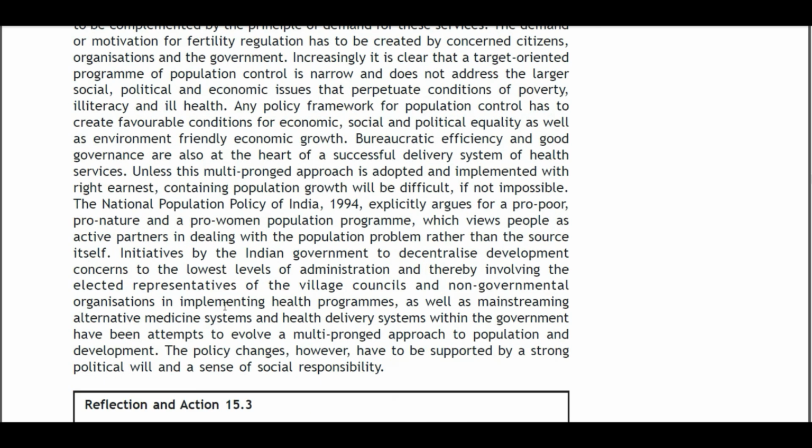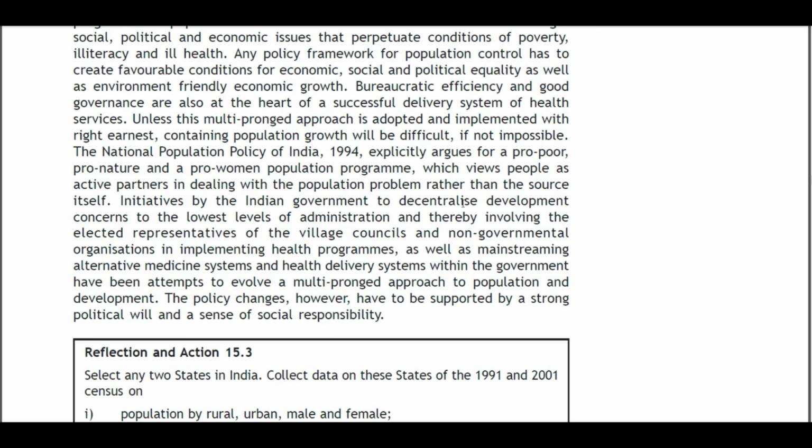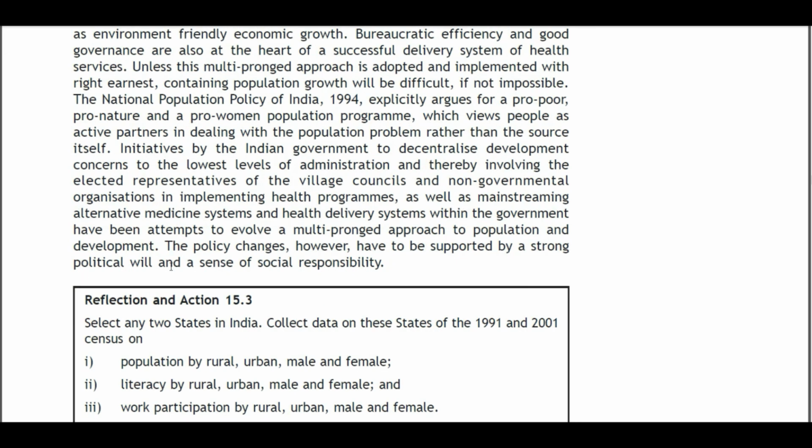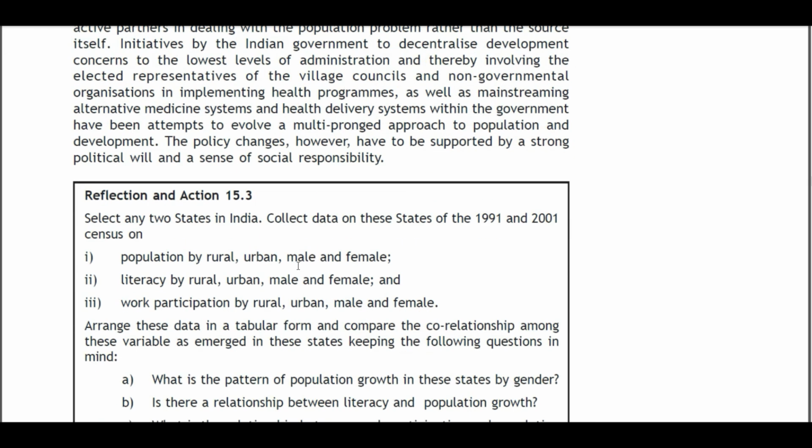Initiatives by the Indian government to decentralize development concerns to the lowest level of administration, thereby involving elected representatives of the village councils and non-governmental organizations in implementing health programs, as well as mainstreaming alternative medicine systems and health delivery systems within the government, have been attempted to evolve a multi-pronged approach to population and development. The policy changes, however, have to be supported by a strong political will and a sense of social responsibility.